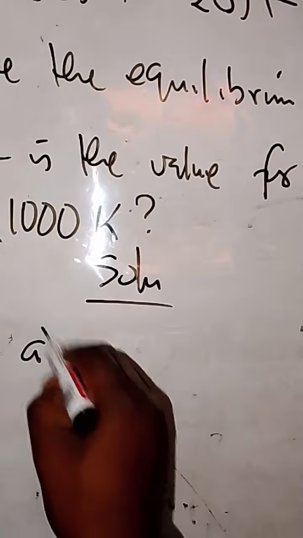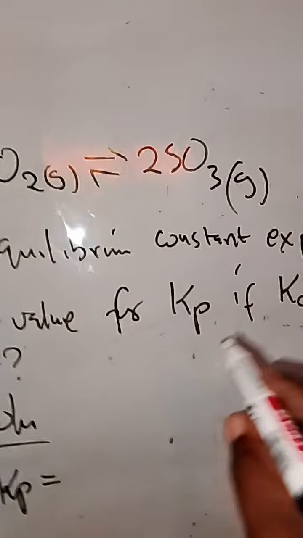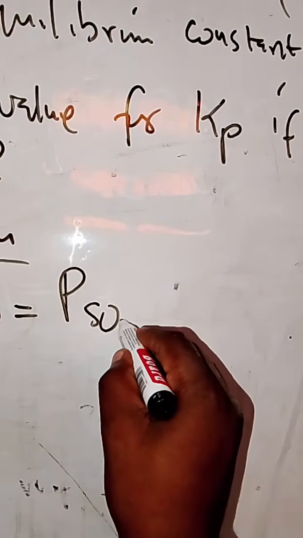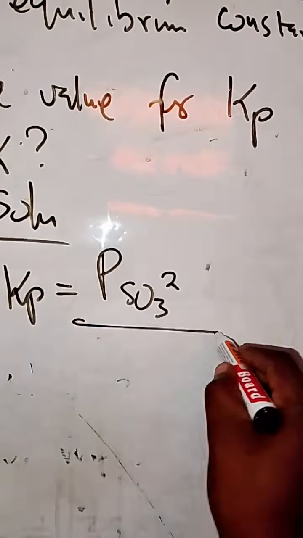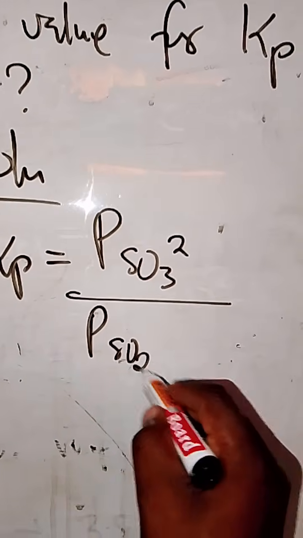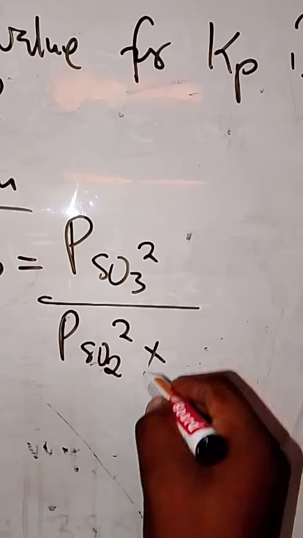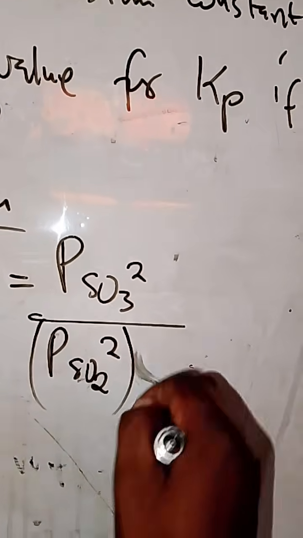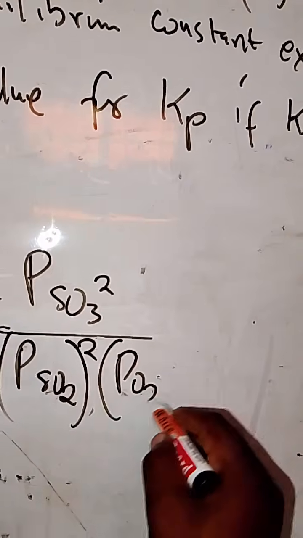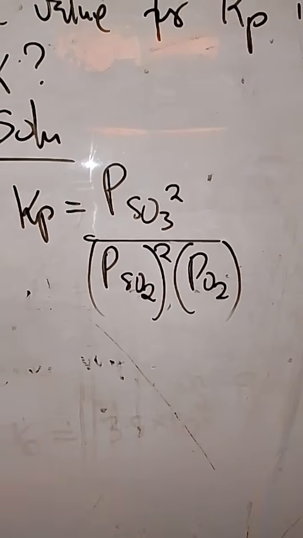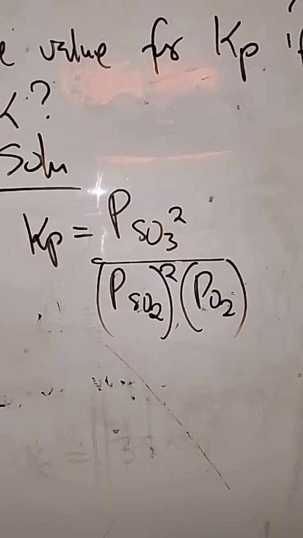Kp in this case will equal the partial pressure of sulfur trioxide squared over the partial pressure of sulfur dioxide squared, times the partial pressure of oxygen. So this is the expression.